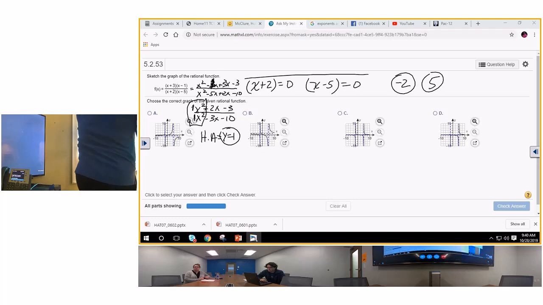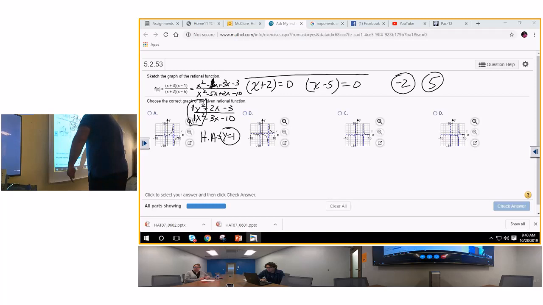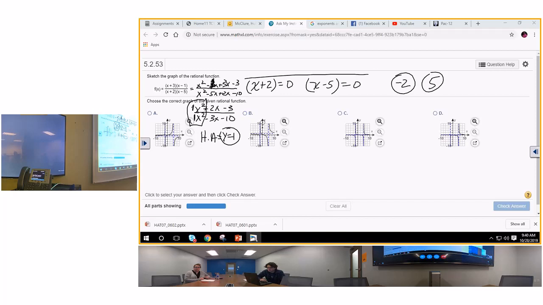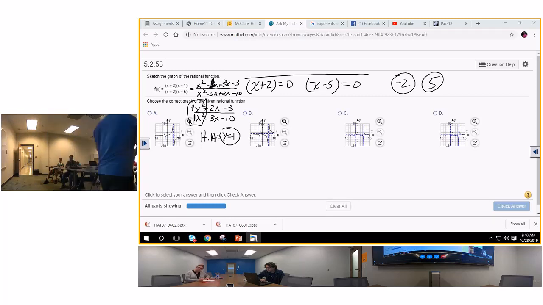Looks like B. But I can't tell. Let's see. Yeah. 2, 4, 6, 8, 10. So I believe the answer is B. I don't see any other horizontal asymptote of 1. Do y'all? Good test question.